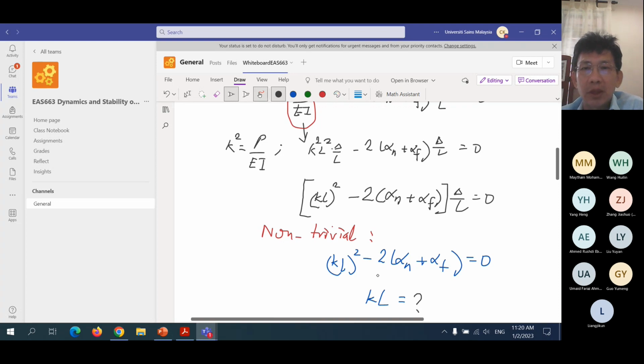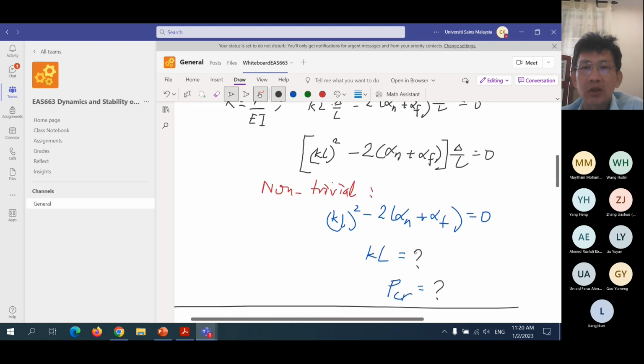So making this equal to 0, so this KL, the whole thing square minus 2 alpha N plus alpha F equal to 0. Solving this equation here, meaning we solve for KL. Then remember what is K, then we can get P critical. Because after you get KL, if you square the thing, K square L square, then if you have a value, let's say, it becomes a value A square.